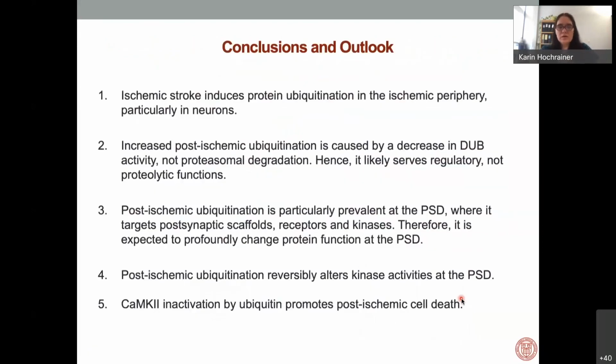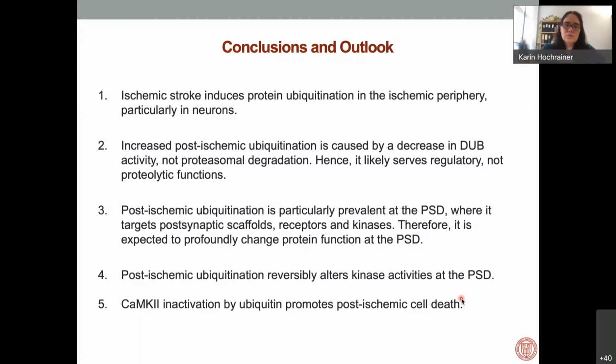So now, in conclusion for today, I hope that I could convince you that ischemic stroke induces protein ubiquitination, and it does so in the ischemic periphery and particularly in neurons. The increased ubiquitination is caused by a decrease in ubiquitinase activity, not proteasomal degradation, and that tells us that it likely serves regulatory and not proteolytic functions.